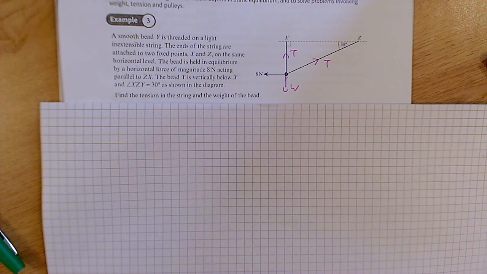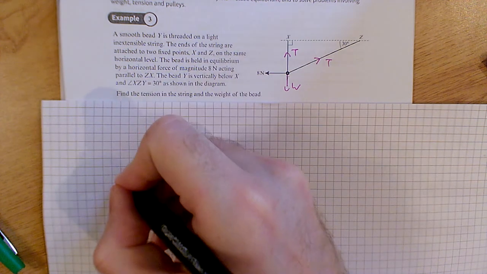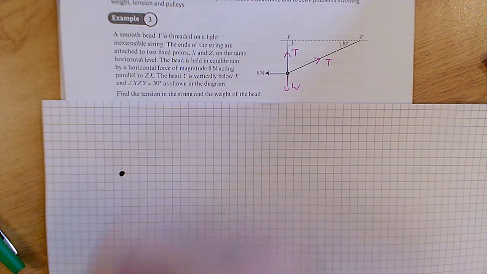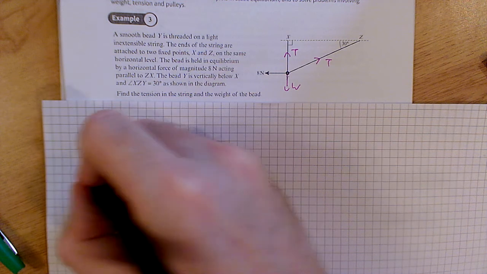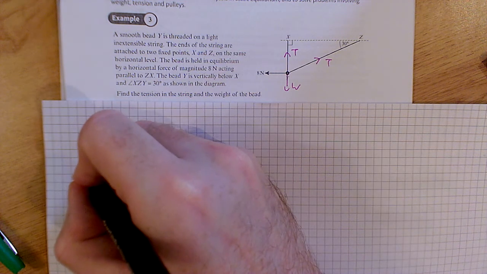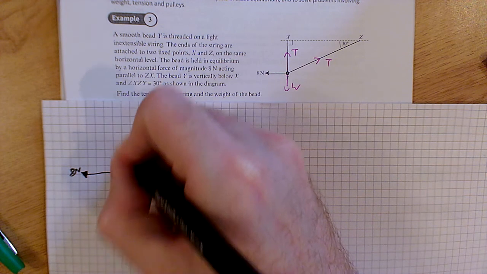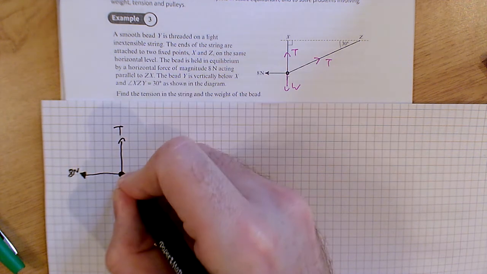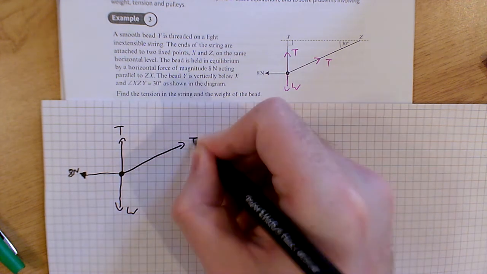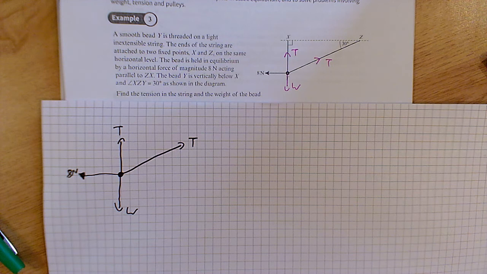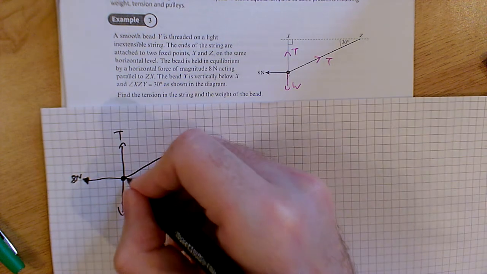But let me just redraw that with the bead at the centre of our diagram, right? Because that's what we're bothered in. So we're only interested in forces that are affecting our bead. So we've got the 8 newtons there, we've got the weight here, and then the bead is experiencing the tension up, and the same tension force going like that. And we have to have the angle that this makes.